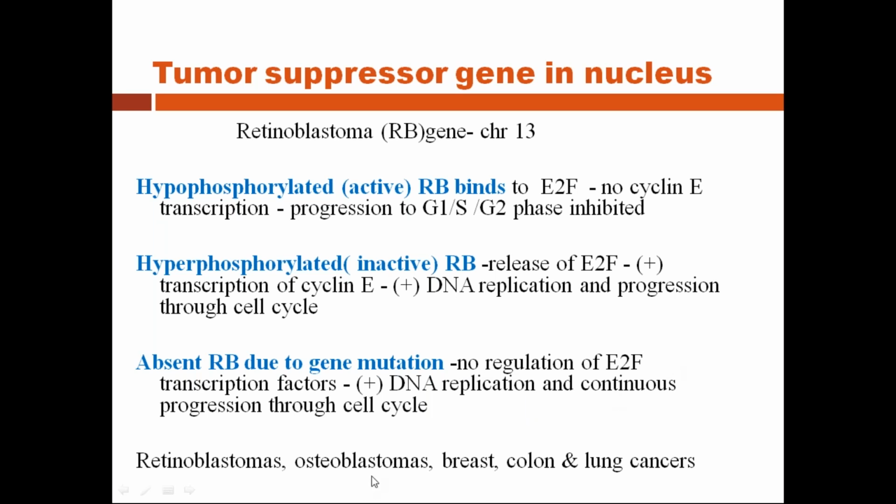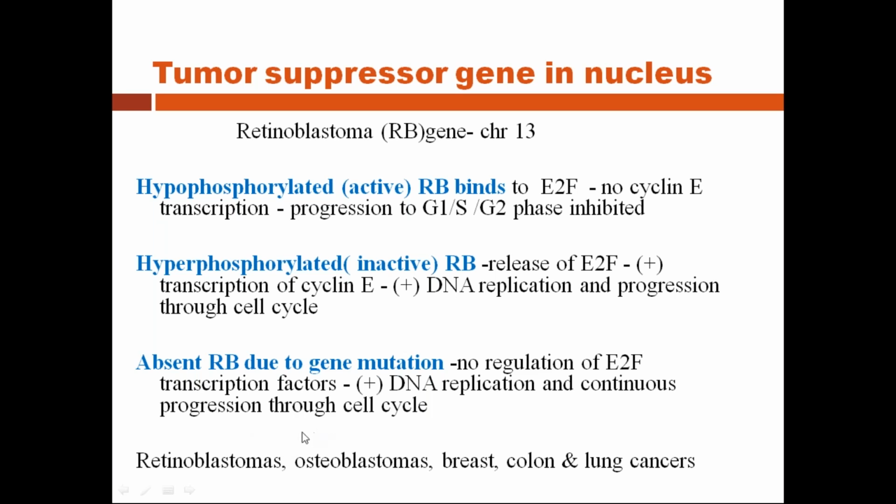The cell is always in the cell cycle. This is seen in retinoblastoma. That doesn't mean that it's a benign tumor, even though the name ends in -oma; it's against the law of the nomenclature. It's a malignant tumor arising from the retina in the embryonic stage.